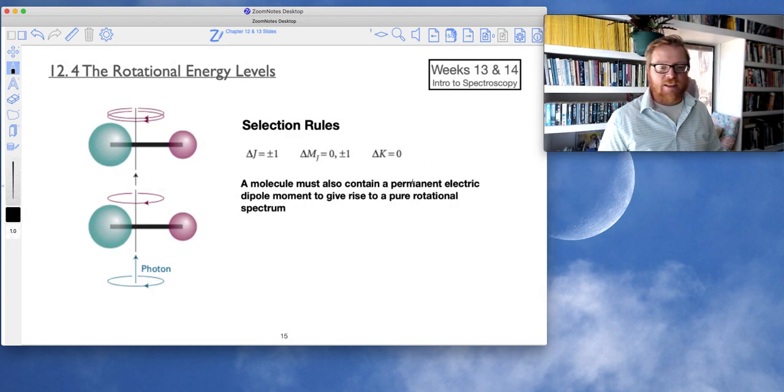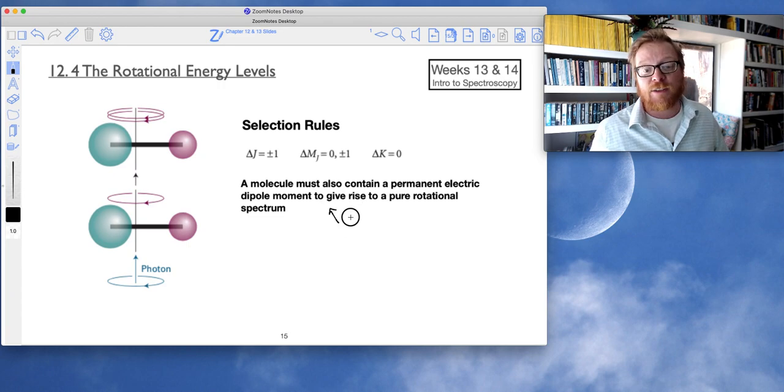So if we think about the selection rules, a molecule must contain a permanent electric dipole moment to give rise to a pure rotational spectrum, because that is going to give it a moment of inertia, right? And also, if we think about the selection rules with our photons, we know a photon has S equal to 1, which is root 2 h bar angular momentum, okay?